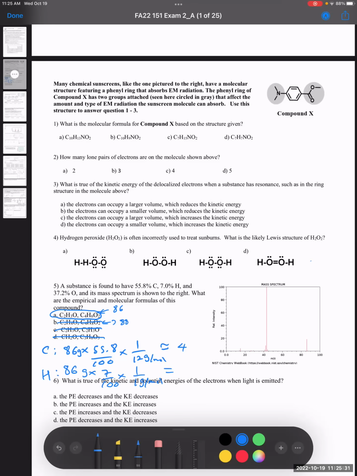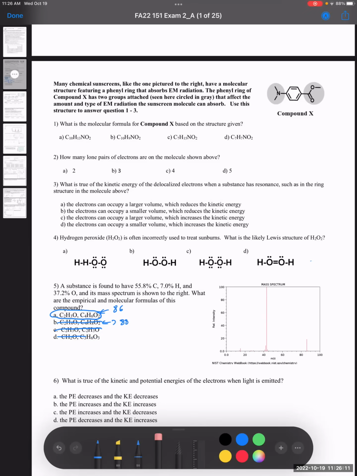If you plug in these numbers, that's going to be close to 7 times 6, which is around 6. So that shows us that our molecular formula should have 4 carbons and 6 hydrogens. Therefore, we can eliminate option B, and we are left with only option A. That's the other way of tackling this problem.